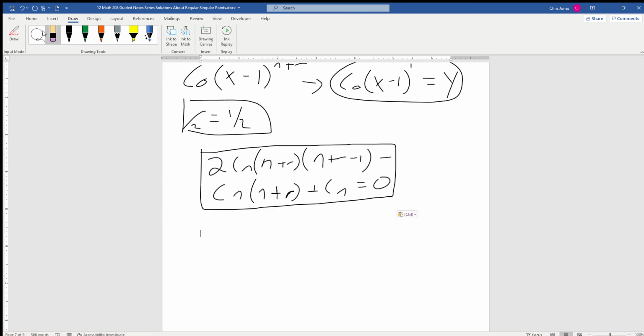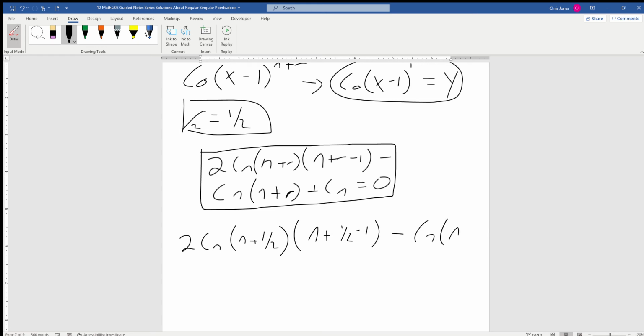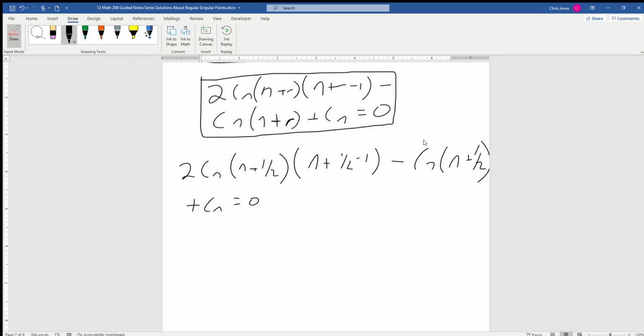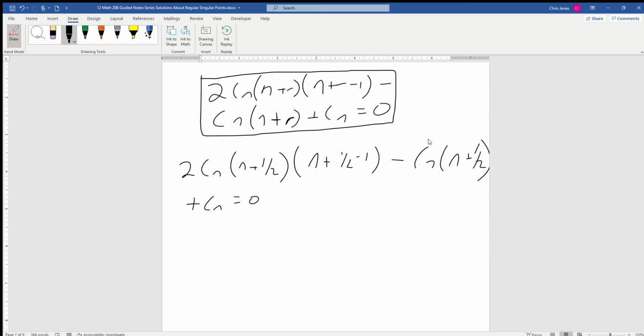When r is equal to a half, this is going to be a little bit uglier, but that's okay. That's going to give us 2c sub n times (n plus a half) times (n plus a half minus 1), minus c sub n times (n plus a half), and then finally plus c sub n is equal to 0. You could pretty much imagine the same thing is going to happen as it did before.